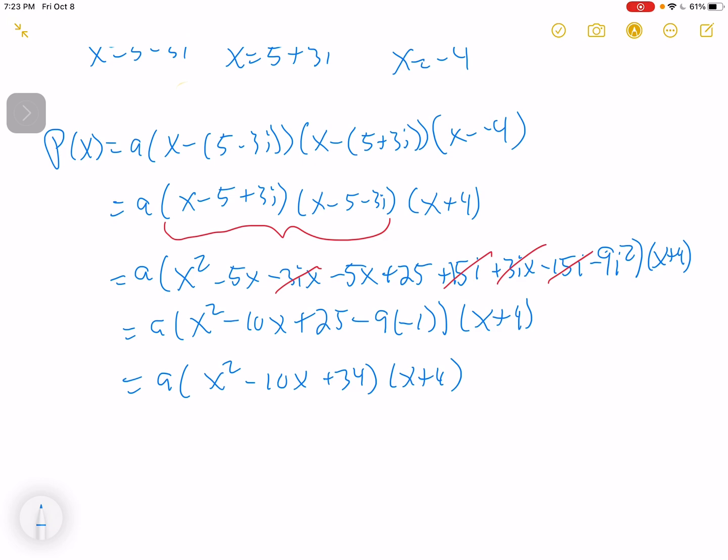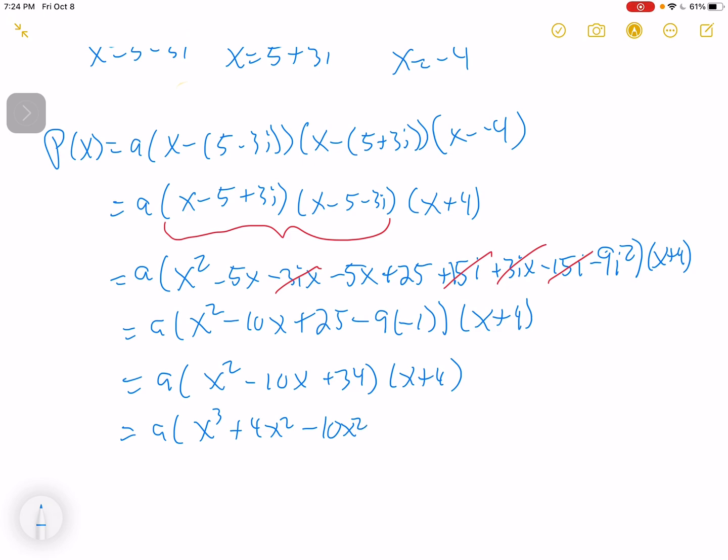Okay. Now it's a matter of distributing here. We have a trinomial times a binomial. So we have a times x squared times x is x cubed. X squared times 4 is 4x squared. Negative 10x times x is minus 10x squared.